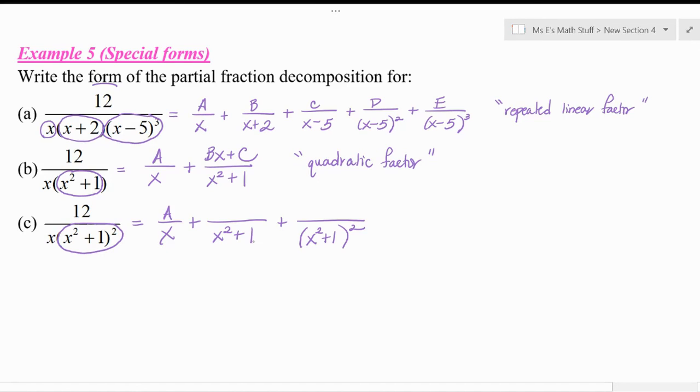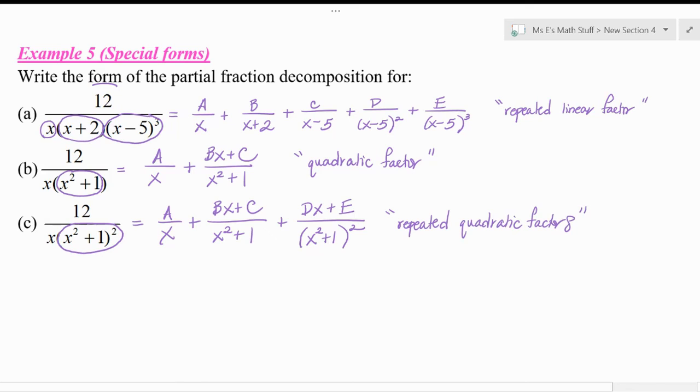Anything that's degree 2 for its base, you would have degree 1 over it. And then the same thing here. And so this would be a repeated quadratic factor case.